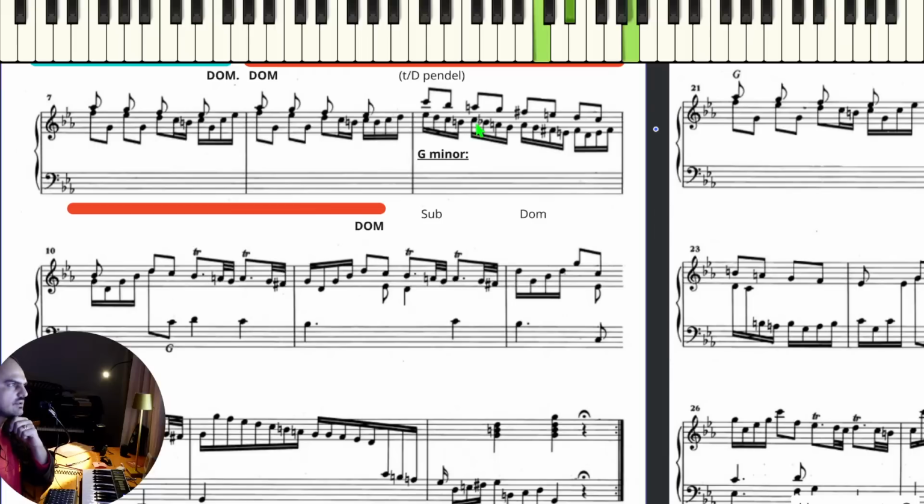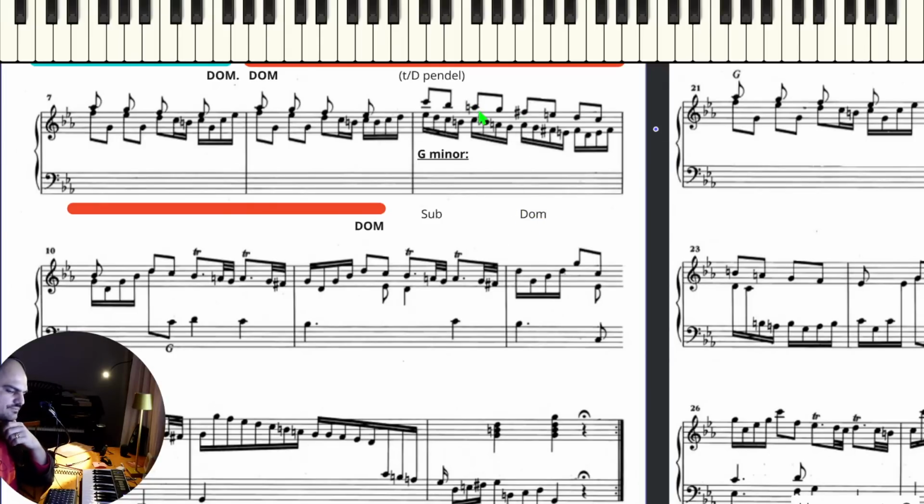So here we can speak about this diminished triad, or this one. But this is still not so important as the key moment, where the dominant, for example, is clearly stated.